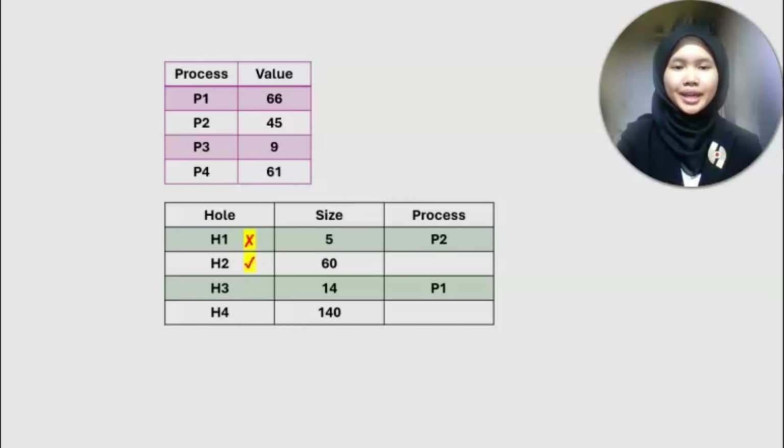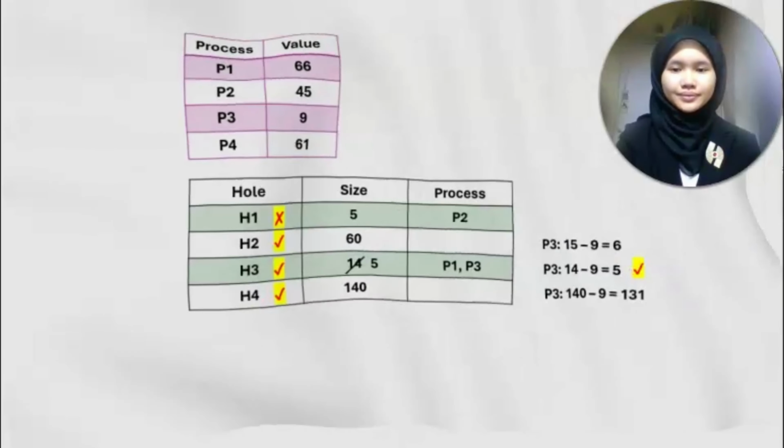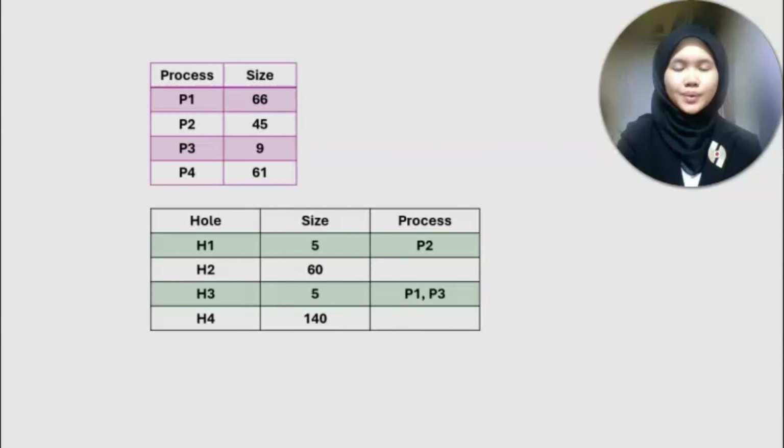Next, we allocate P3, which is equal to 9. The best fit for this process is H3. This leaves 5 units of unused space after P3 is placed. Finally, we allocate P4, which equals 61.